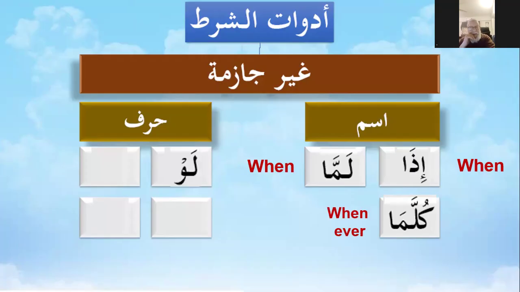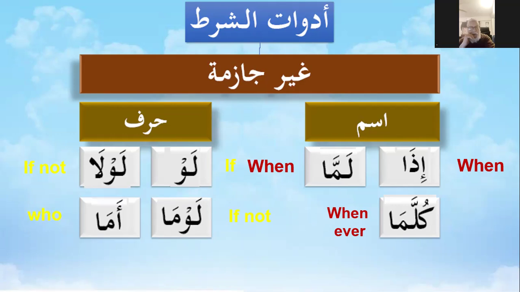Among the harf, law means if, lawla, if not, lawma, if not, amma, who. So these are the four harf and three asma. They don't bring change in the mudari. They make it conditional and the answer of condition, but they don't make change as a jazm.